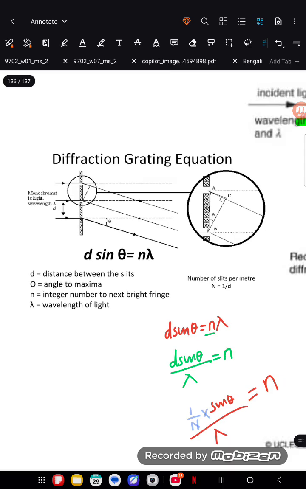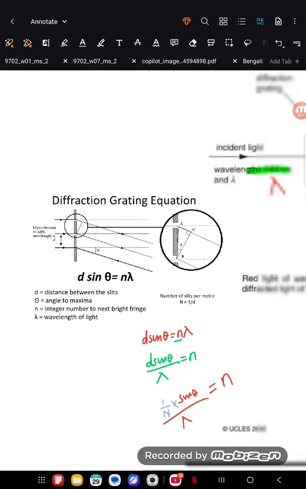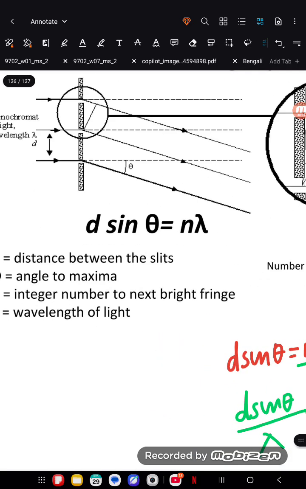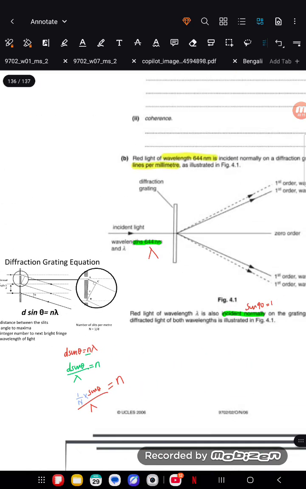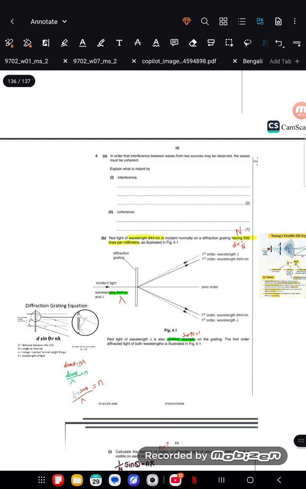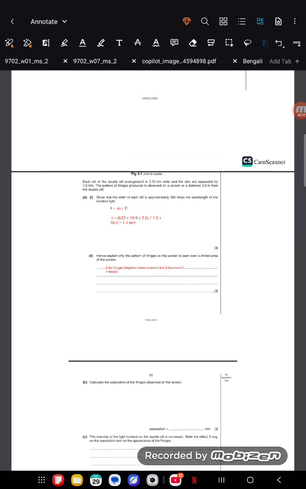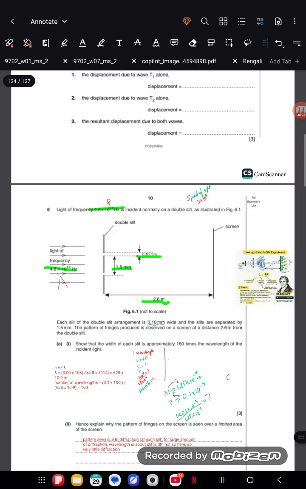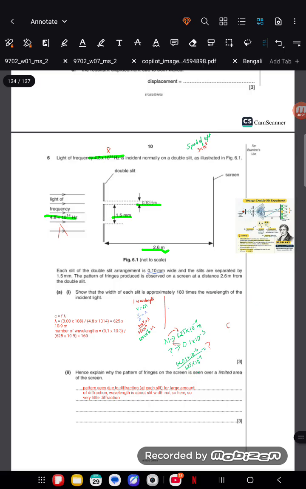And theta, sometimes they will give you an angle and sometimes they will say incident normally. When they say incident normally you take sine theta as 90 degrees. So just do all the questions.